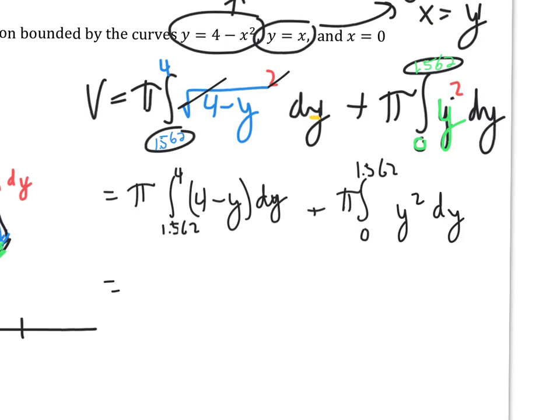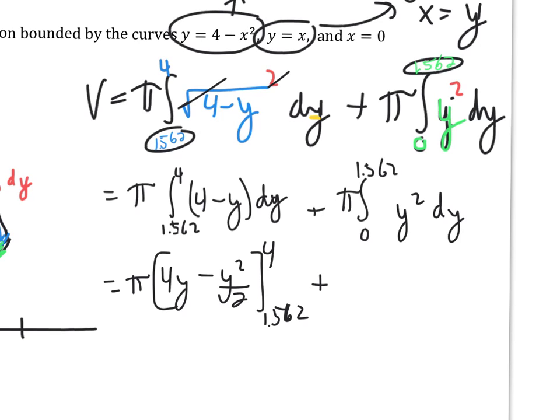Not looking too bad. So I'm going to have 4y minus y squared over 2, evaluated from 1.562 to 4, multiplied by pi at the end, plus pi times the integral of y cubed over 3. I'm sorry, not the integral. I evaluated the integral.